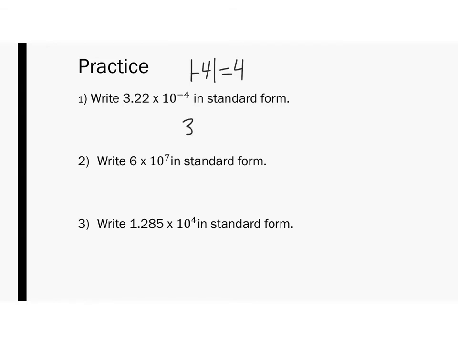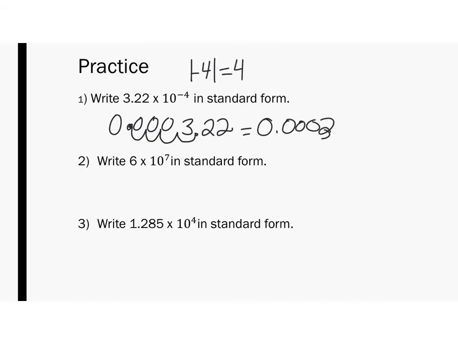Okay, so I'm going to write my problem down. Here's my decimal. I'm going to move it to the left. 1, 2, 3, 4. Put your decimal, fill in with zeros. And you have 0.0003 322.